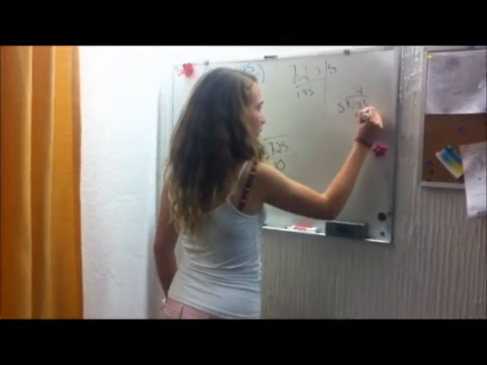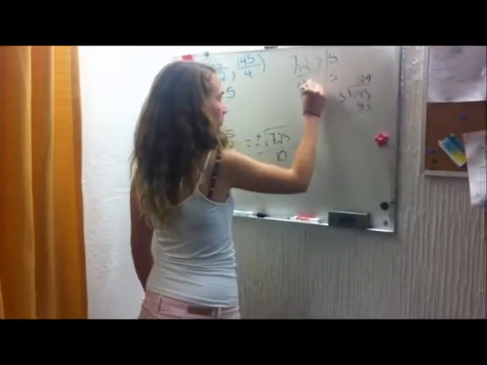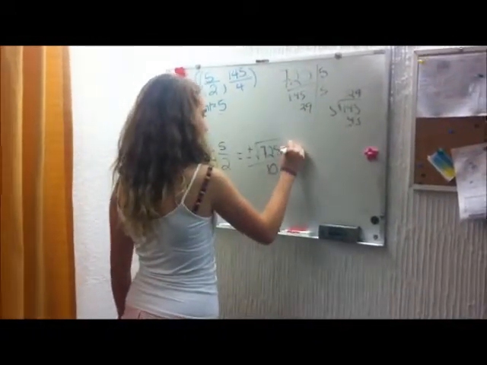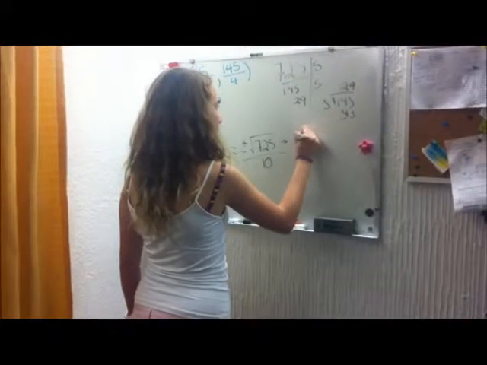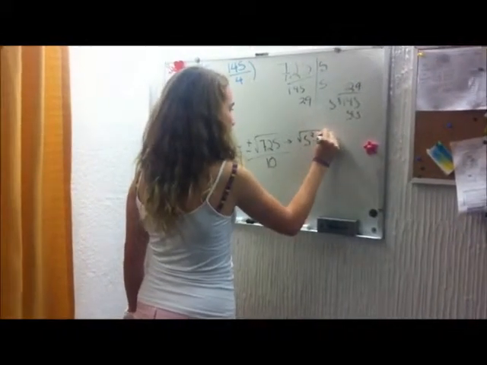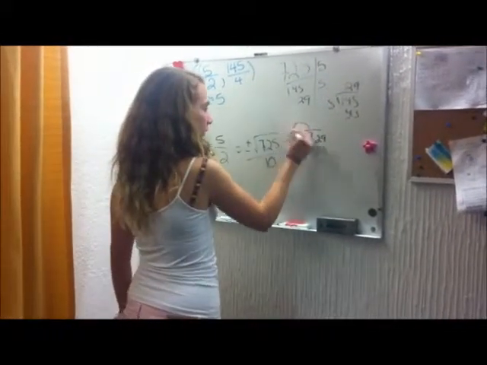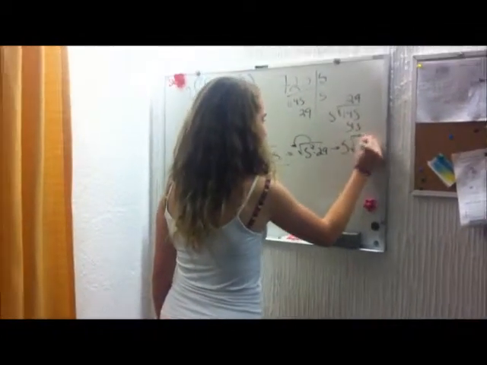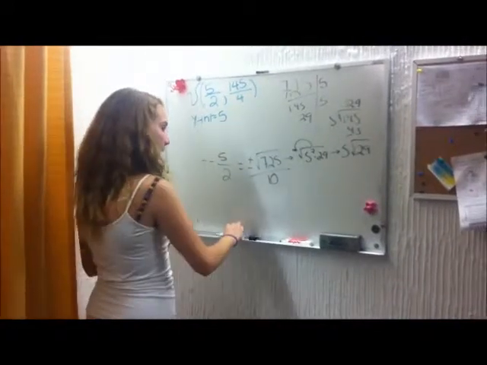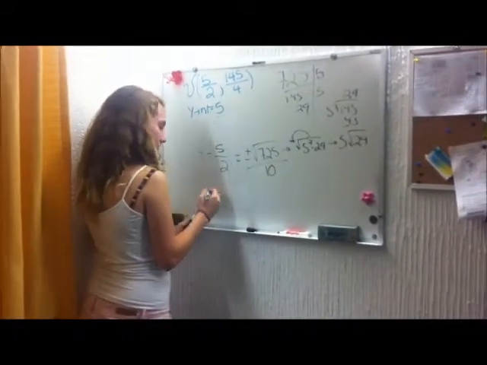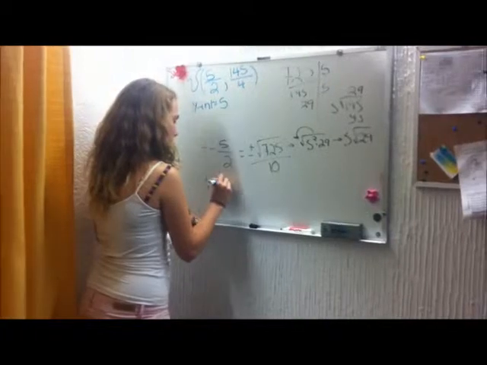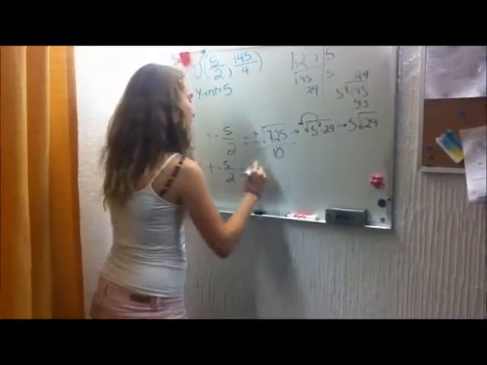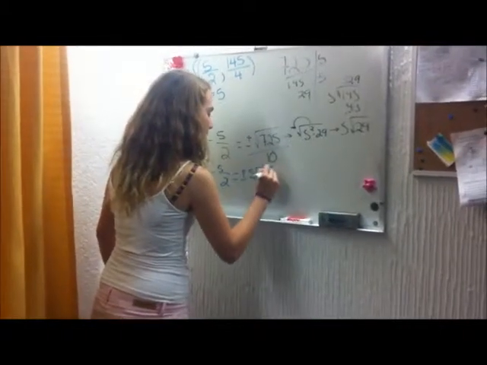We've got 29. 29 is a prime number. So we can see that this square root is equal to the square root of 5 squared times 29. We take out the 5 and it's only 5 times the square root of 29. Okay? So we have that t minus 5 halves equals plus minus 5 times the square root of 29 over 10.